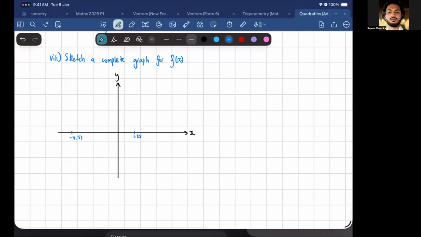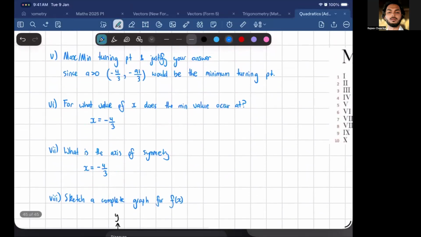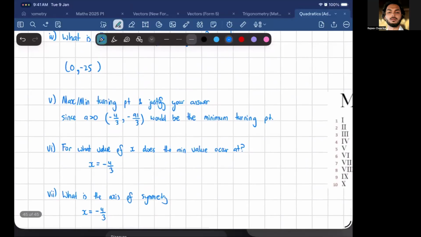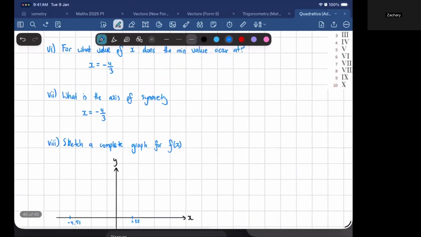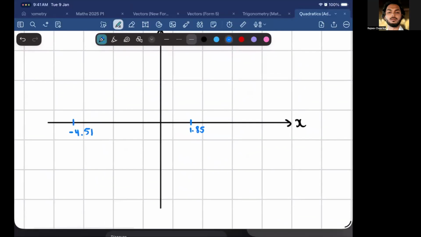Right? Next thing. We need to do a reasonably accurate sketch, right? So the next thing you need to know is the x value for the turning point. What was the x value for the turning point? -4/3. Right. Minus 4/3 would come before the minus 4.51 or after the minus 4.51?